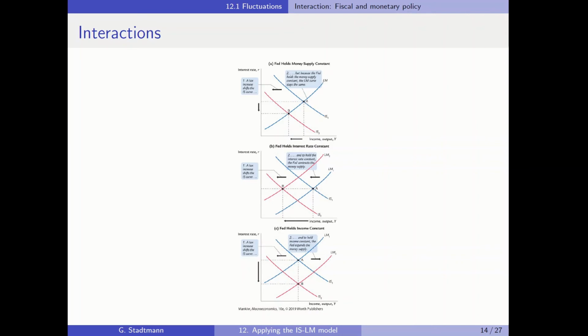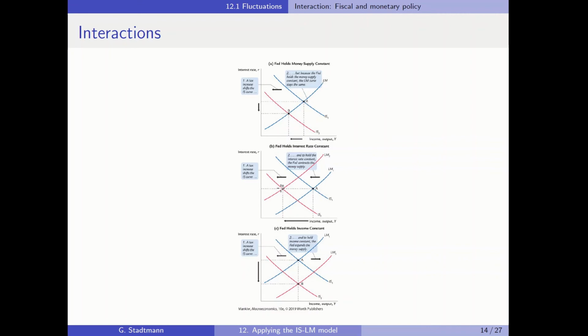In the second panel, panel B, it becomes clear that when the Federal Reserve is trying to keep the interest rate level constant, this leads to an even more severe recession.